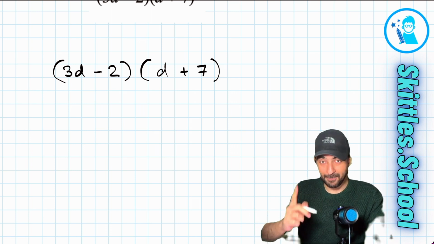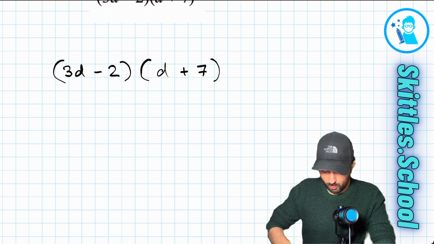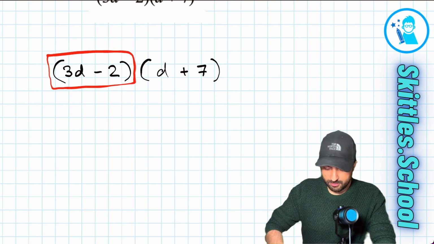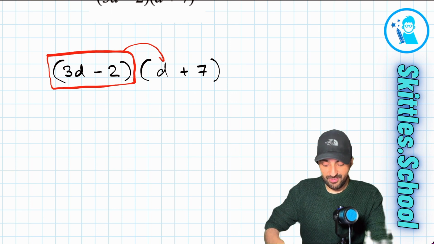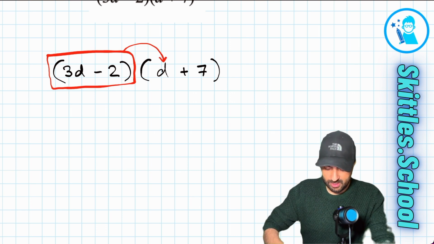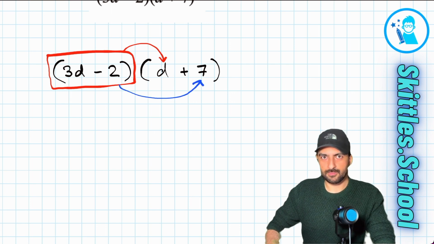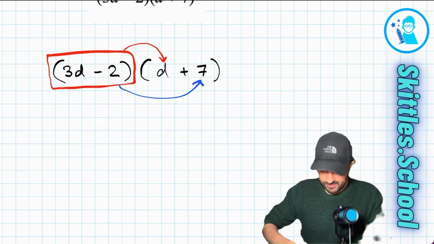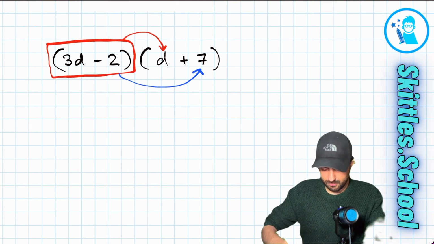What does that actually mean though? Well, it means that we have to do all of this red box multiplied by d, and then we have to do all of that same red box multiplied by plus 7. So let's do that. Let's focus on the letter d first, the red bit.